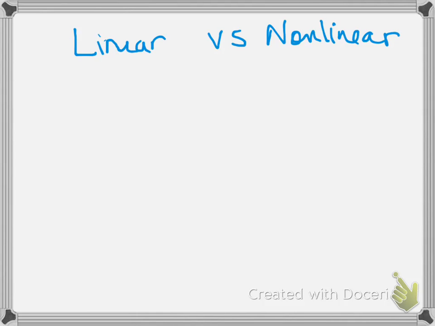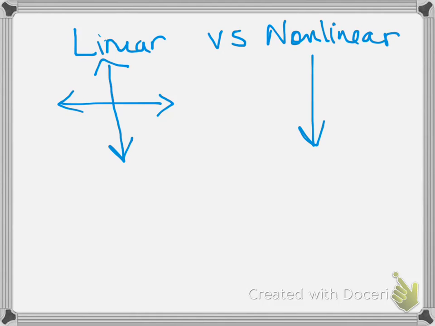Okay, finally, we finished off with linear versus nonlinear functions. Okay, so I'm going to kind of line this up so that you can see what we're talking about. On a graph for linear versus nonlinear, you would look for what kind of graph is placed on there.